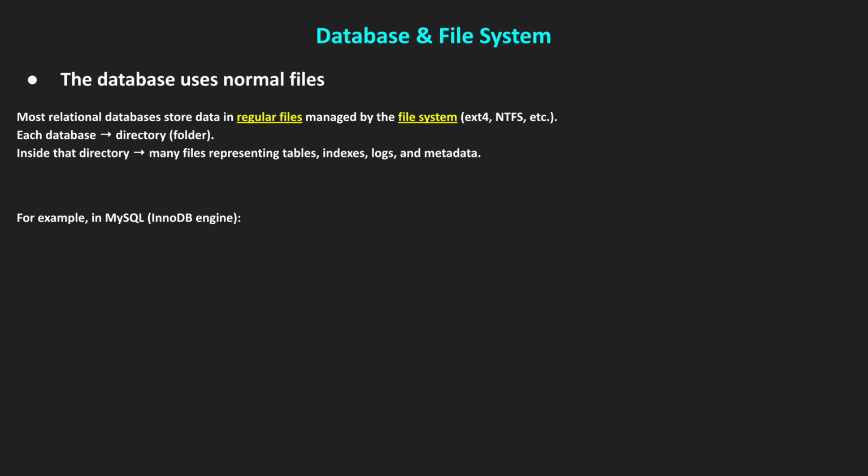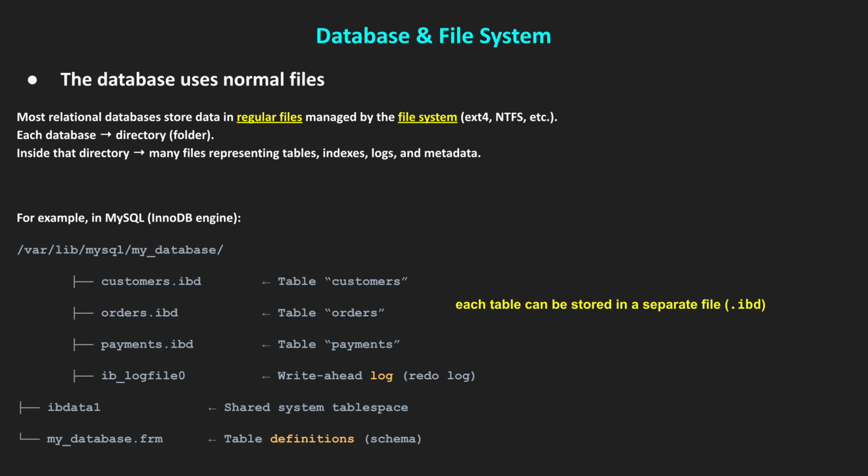For example, let's take MySQL, and more specifically the InnoDB engine. Let's say our database name is my database, and inside it we have created several tables, indexes, and logs, and all of that data is saved in the file system as separate files.